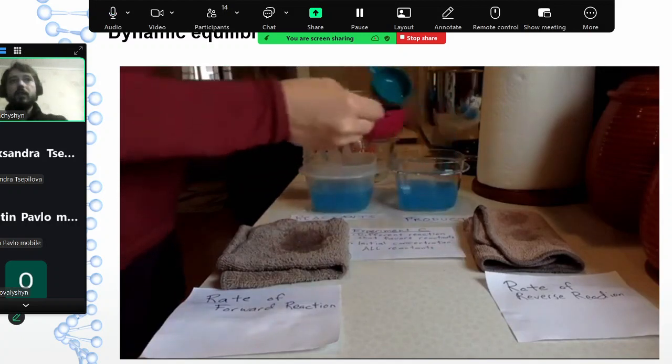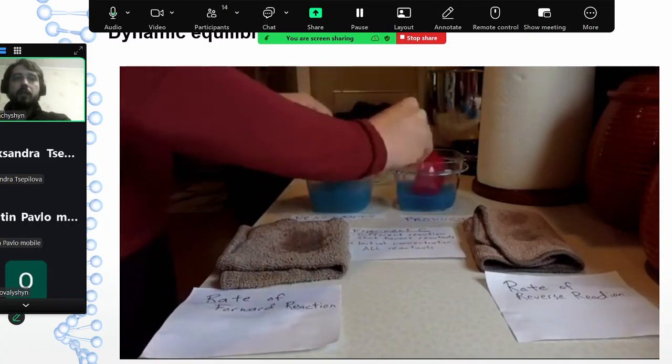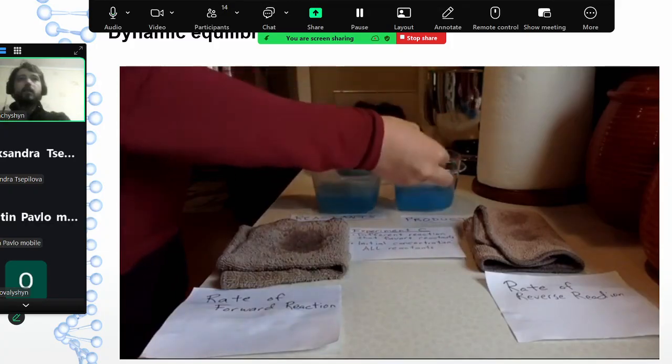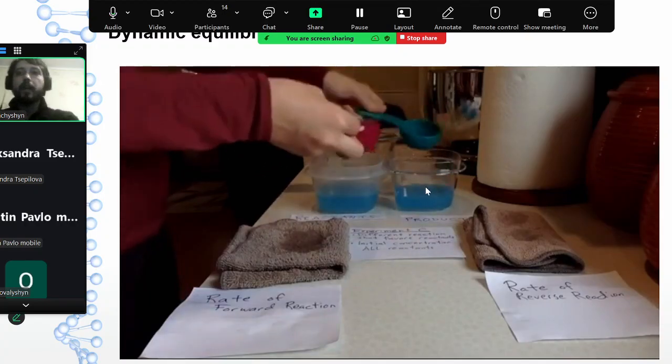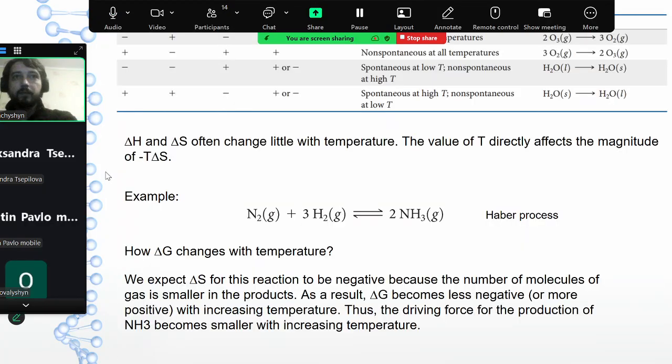The same thing happens to your reactants: the same amount that is moving from reactants to products, the same amount of products is degrading to your initial reactants. So that's what we have. Okay.